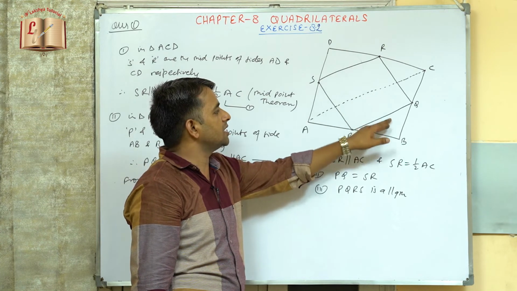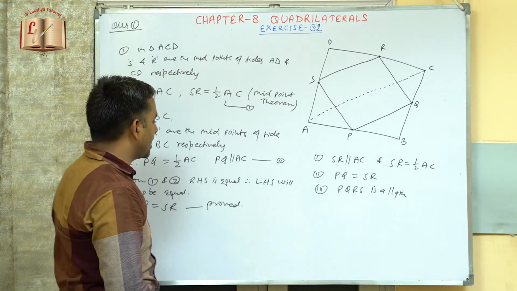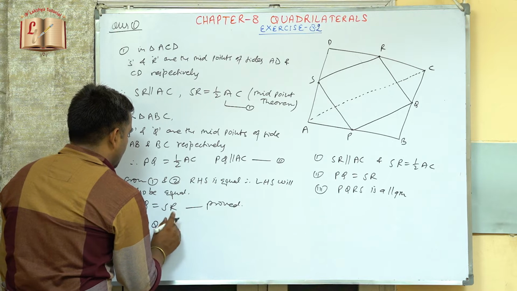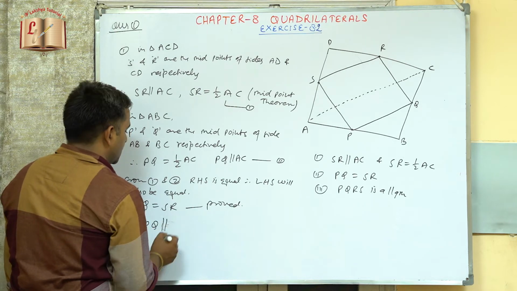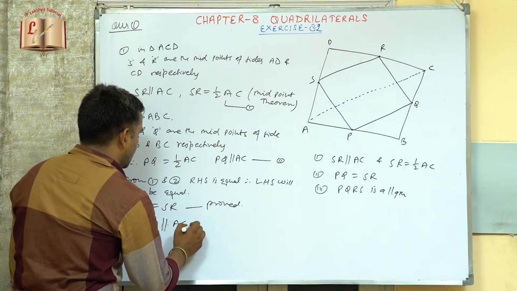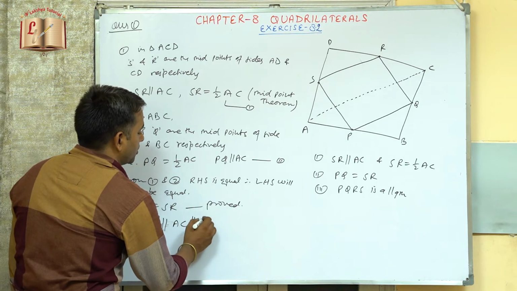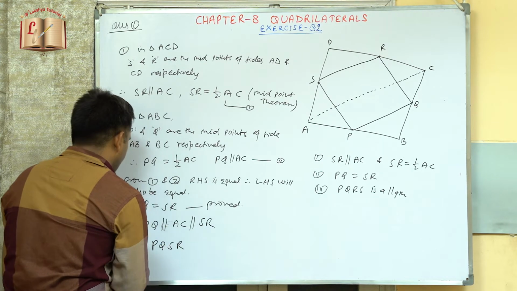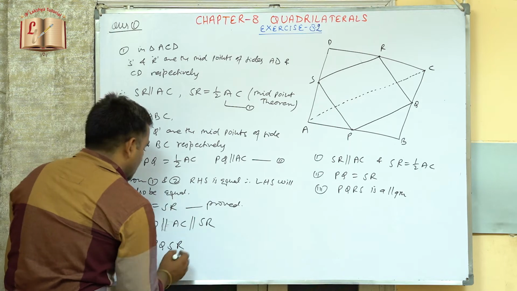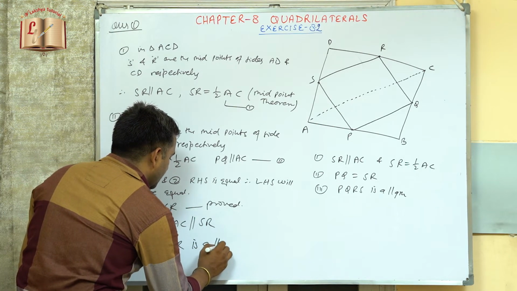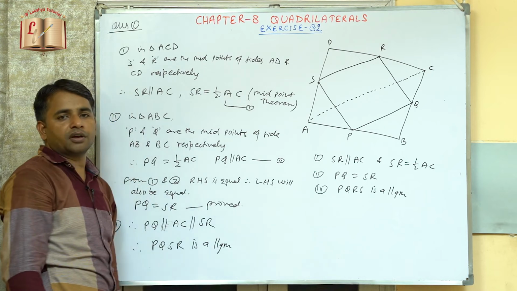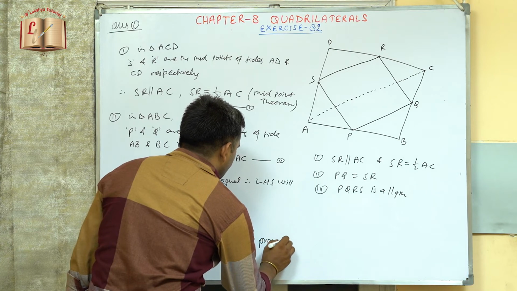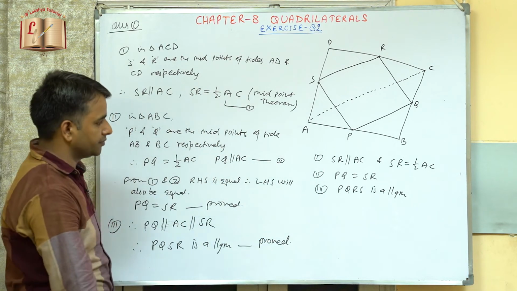So when both sides are parallel to AC, they will also be parallel to each other. So PQ is parallel to SR. Therefore PQRS is a parallelogram, because one pair of opposite sides is parallel and equal. So this is also proved.